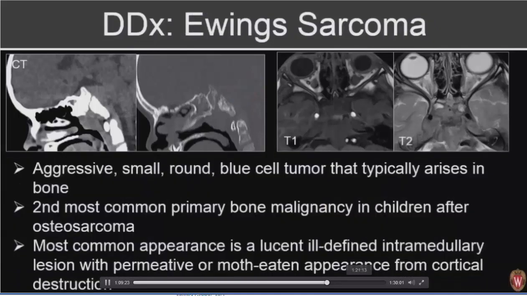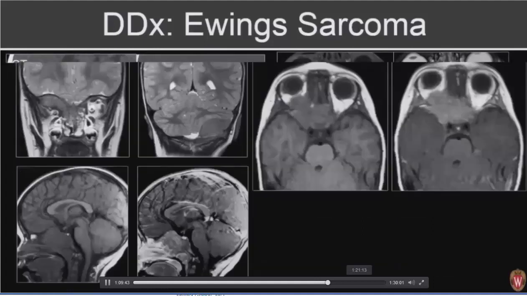And we can see that this patient was diagnosed with a Ewing sarcoma. And so this is a very aggressive small round blue cell tumor that typically arises in bone, and it's the second most common primary malignancy in children after osteosarcoma. And the most common appearance is a lucent, ill-defined intramedullary lesion with a permeative or moth-eaten appearance.